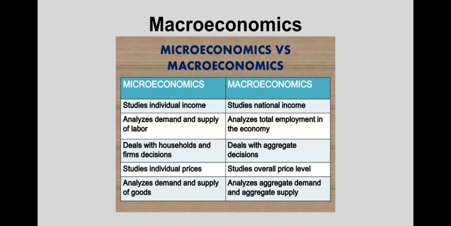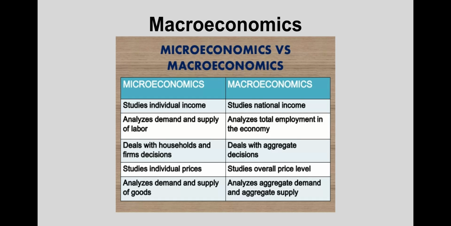We're not looking at just one company, but an entire industry. How do all those people make decisions? Big decisions would be like airlines. When airlines decide to have a price war, when it's time to buy flights or purchase airline tickets, that's something that we would look at in macroeconomics: what is the entire industry doing.